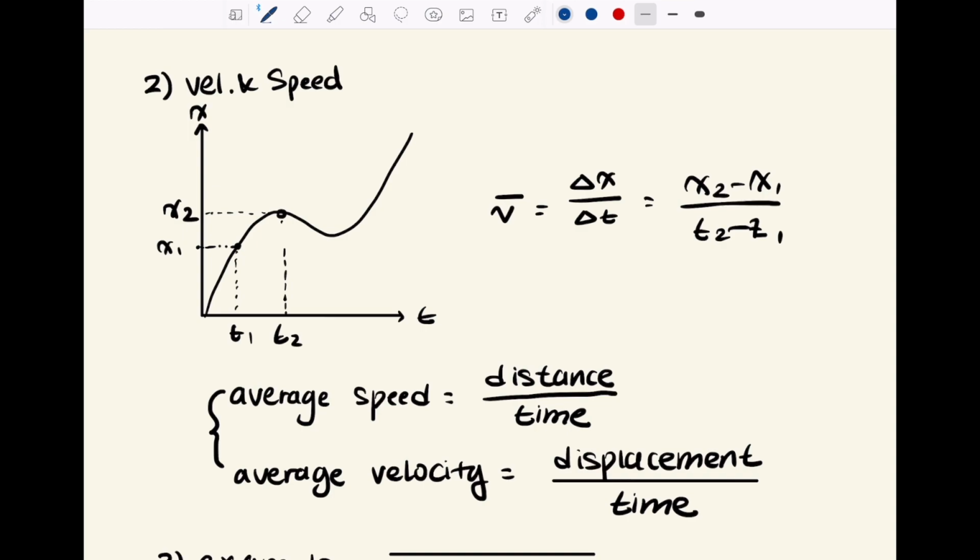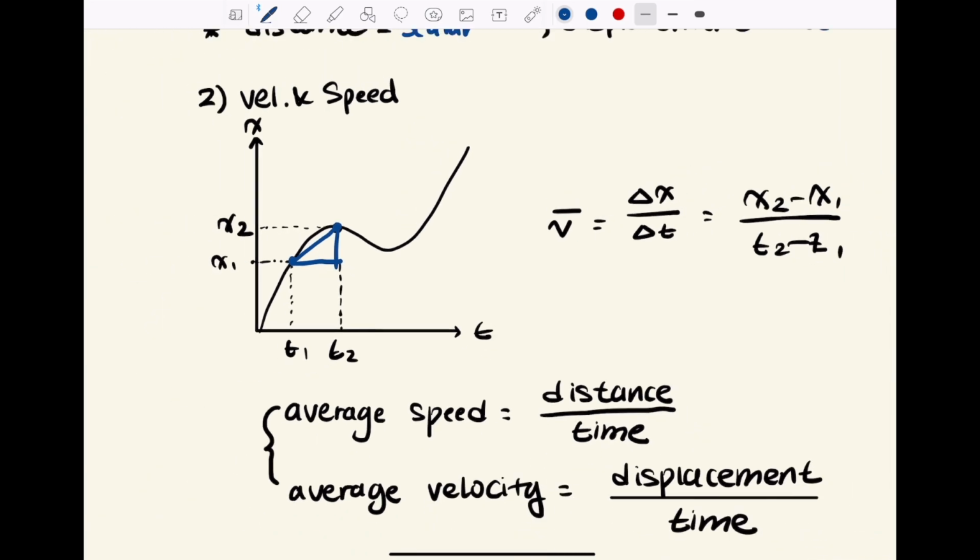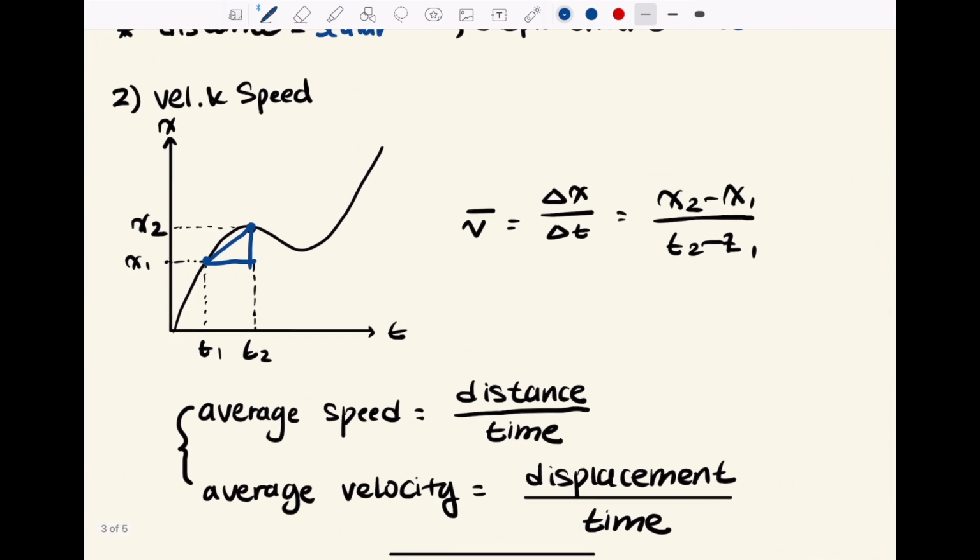Next is velocity versus speed. Here in the graph, there is a position-time graph drawn, and assuming that this point right here is point t1, x1, and this point here is t2, x2. If we draw a little triangle right here, we can know that the velocity is change in x over change in t.